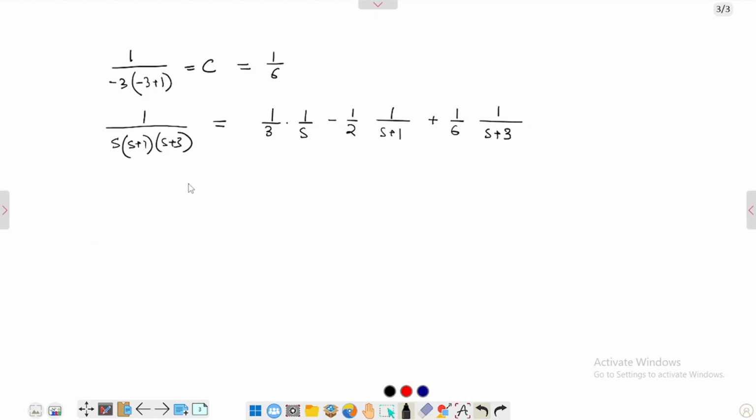Now if I do the inverse Laplace transform of this, I will get this equation in the form of t. So what I get is 1 by 3 minus half e to the power minus t plus 1 by 6 e to the power minus 3t.